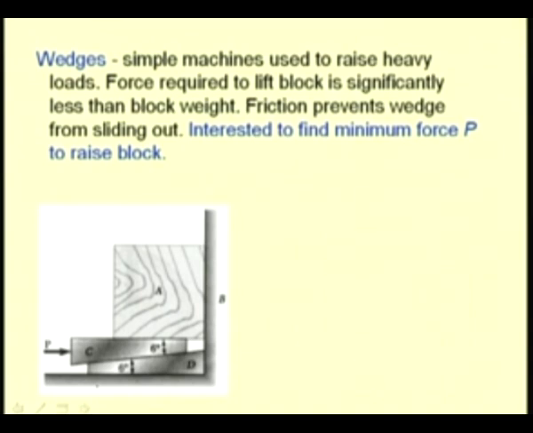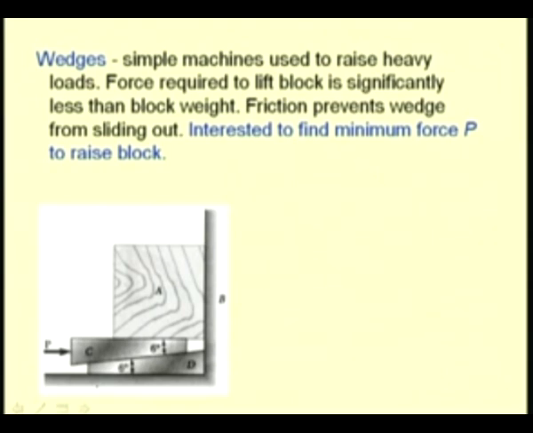These are devices that are used to raise loads or to keep loads in certain positions. So, they advantageously use friction to accomplish this job.